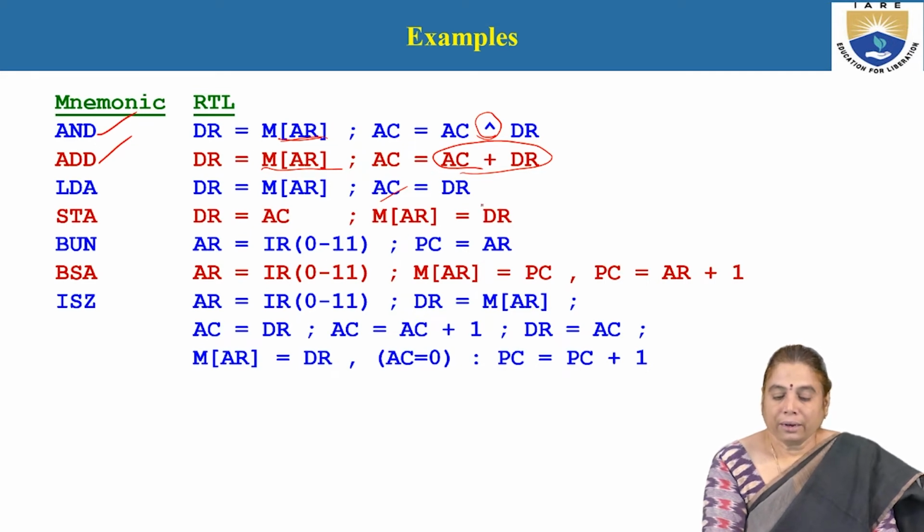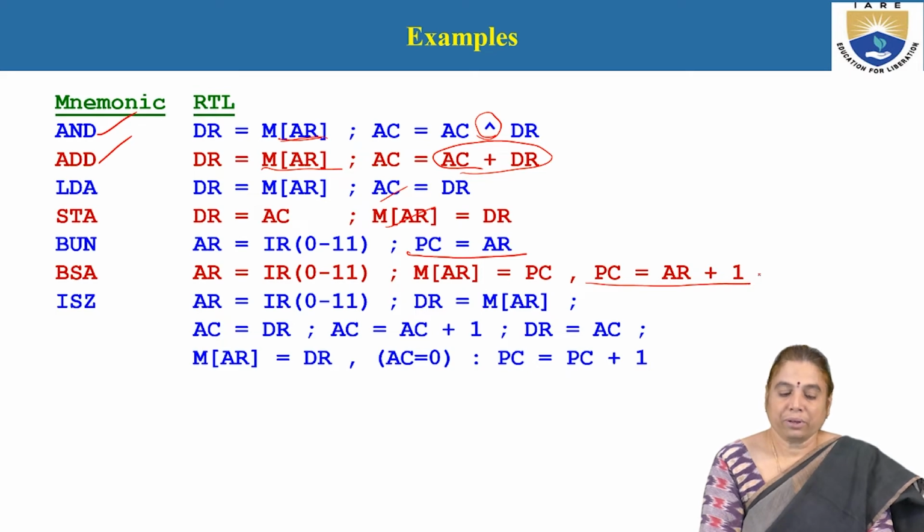STA: the accumulator value is moved to the memory. BUN: in this case, branching is performed so that the PC address is changed. BSA: in this case, the branch operation is performed and the PC address is saved and stored. ISZ: the PC value is incremented when the accumulator value is 0. So in this way, the memory reference instructions can be used.